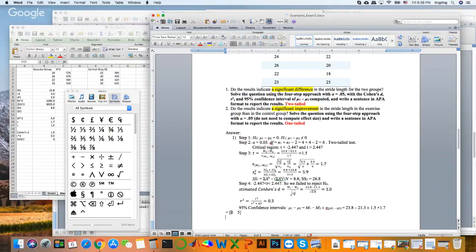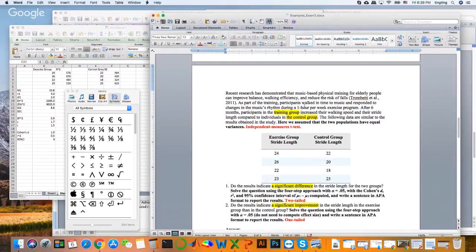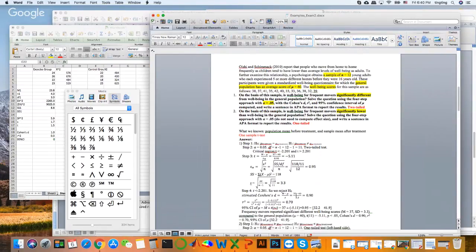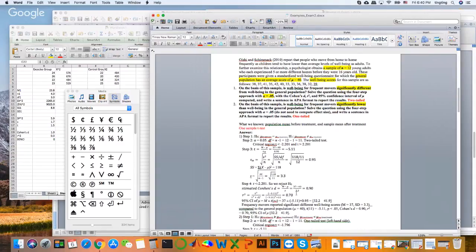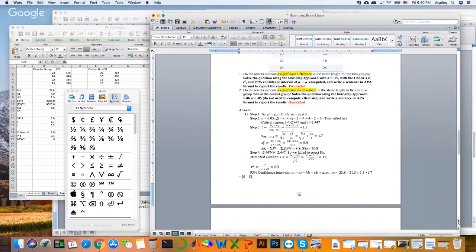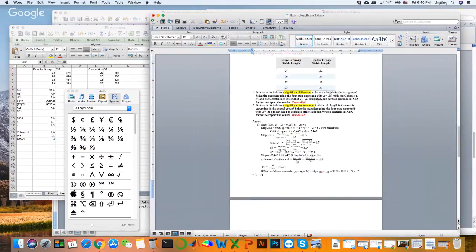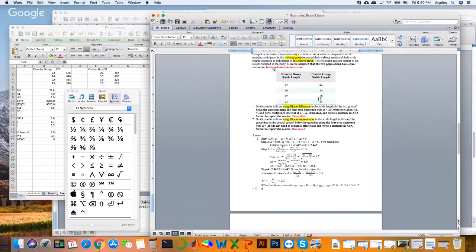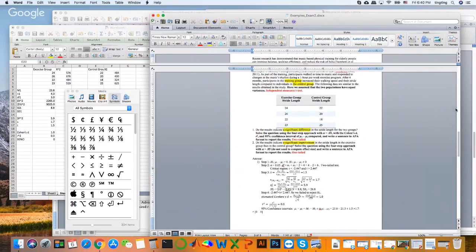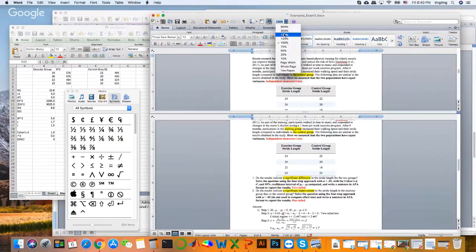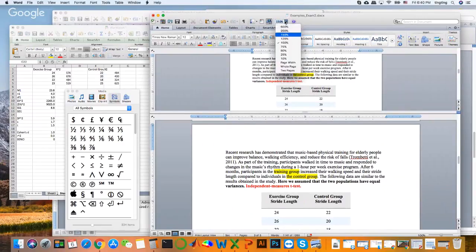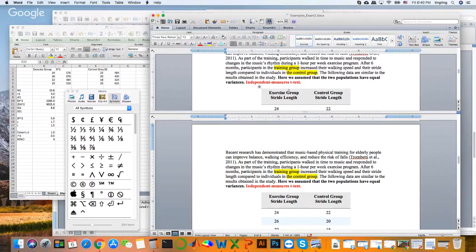And then let's write a sentence to report the result. So what's the question? Let's go back to the question and make it smaller, easier to read. Okay.